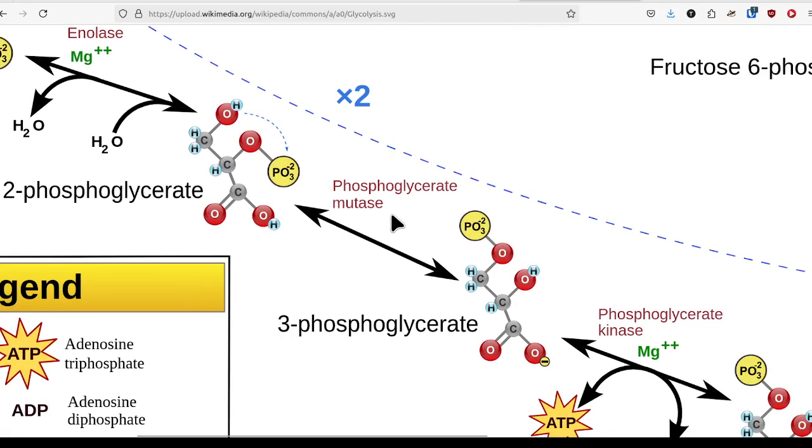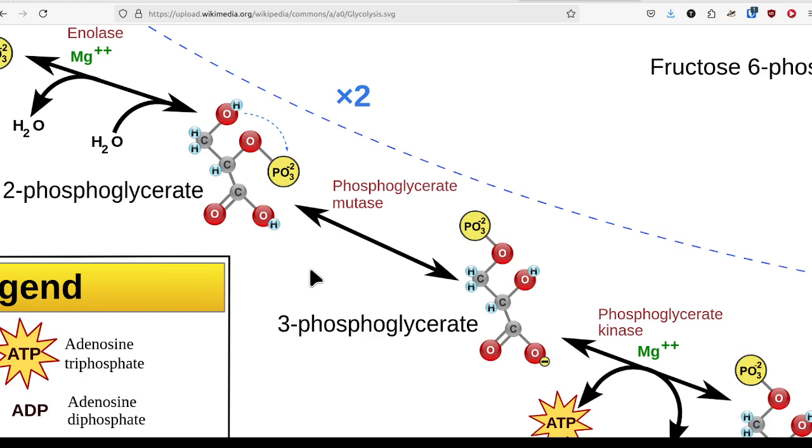Mutase, interesting name, suggests mutation. If you count the atoms, you can pause the video and count them, you will find, well, here they've changed the charge from minus to OH, but we can really ignore that. That's a pH dependent thing. That's an acid-base reaction, happens really easily in cells, and we generally don't even consider acid-base reactions.